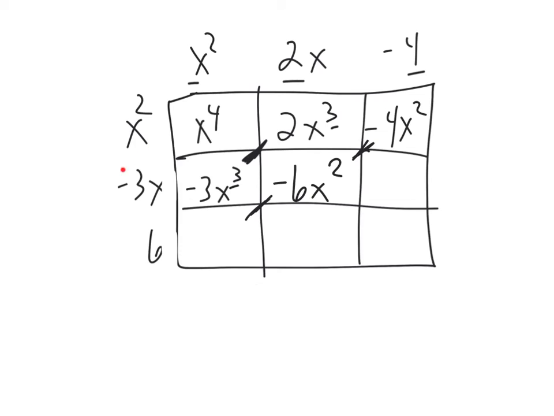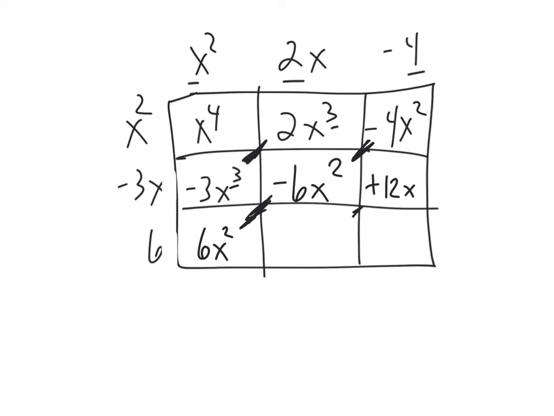Alright, so now I'm going to take this guy times this guy. So it's going to be a positive 12x. And I guess I don't really need the positive, but I put it there. Alright, so now if we do this last one, this guy times this guy, that's going to give me 6x squared. Look at that. All three of these are like terms, aren't they?